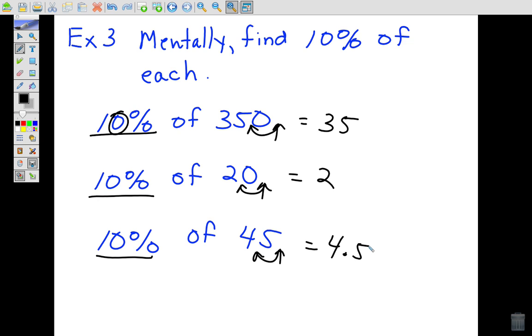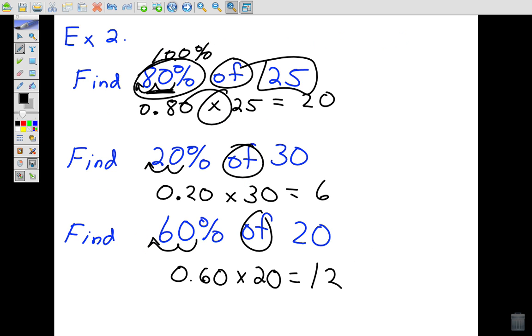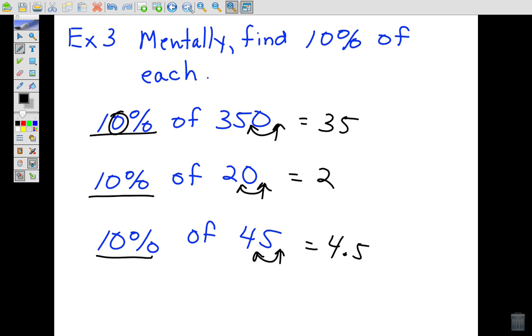And that's it. So to take 10% of a number, you just move the decimal point one place to the left. Remember, if you don't remember that, do them just like these, where you change the percent to a decimal, then multiply it by the number. Now, just to show you how this relates to real life, say you're in a restaurant and your bill is $20. Usually people leave, on the average, maybe a 10% tip.